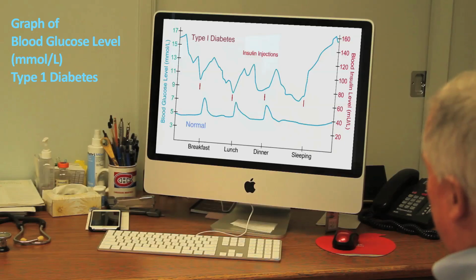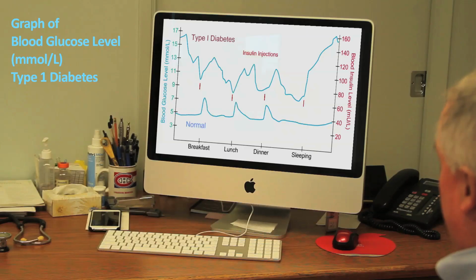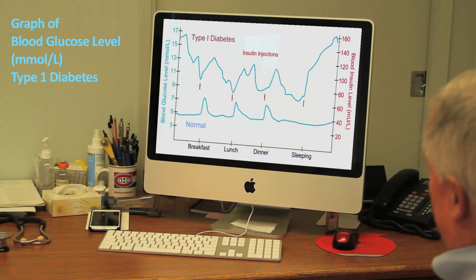Interspersed in there with the red dots, you can see those are insulin injections. So the insulin injection goes in, they've had a meal, the meal goes up, comes down until lunchtime, and the same thing is repeated. But you can see it's a very poor imitation of what in this case is going on compared to the normal. So it's really all over the map there.